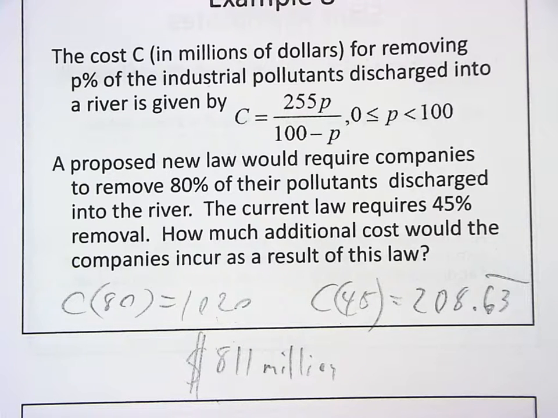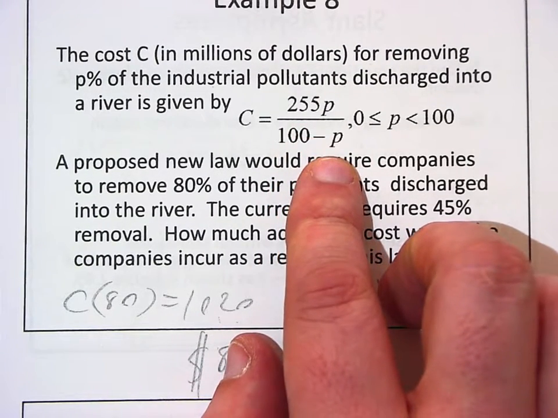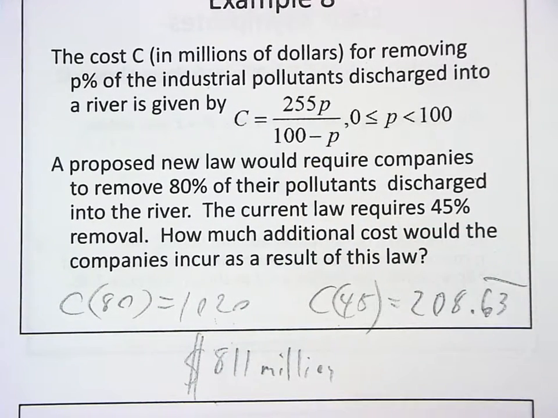Horizontal, not slant. Where's the horizontal asymptote? Careful. Because you throw out any constant, right? And just look at the biggest degree term. It'd be negative what? 255. Because 255p divided by negative p. So it's negative 255.